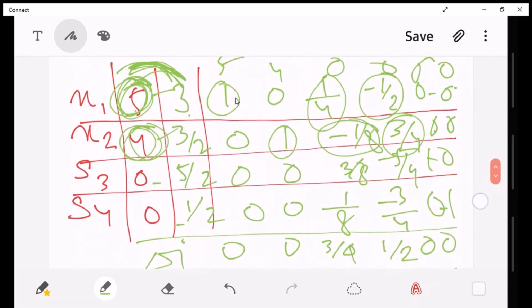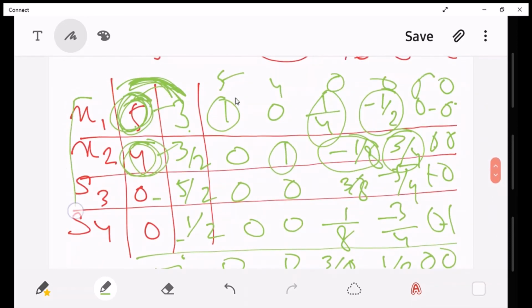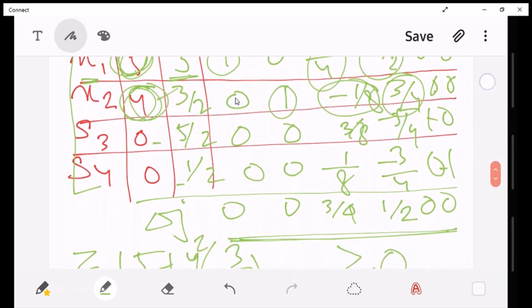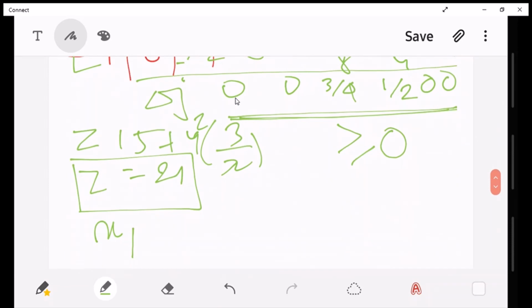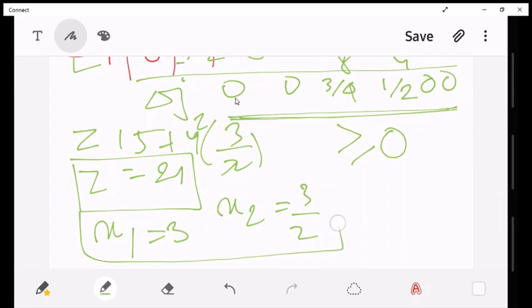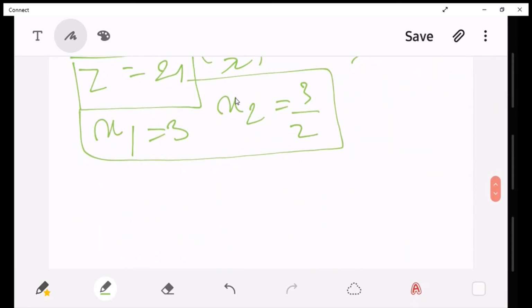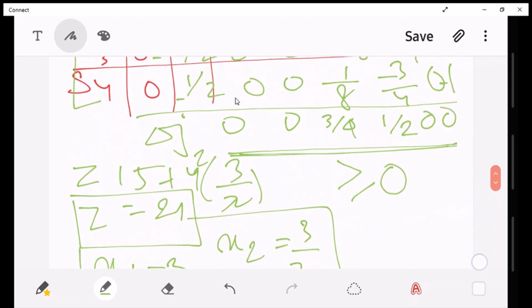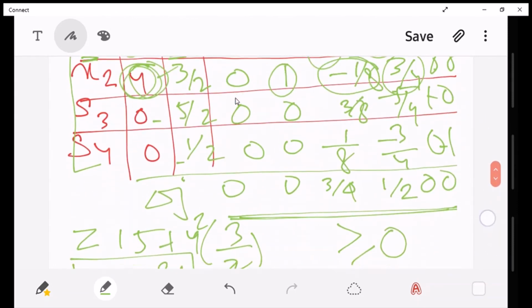when we shall see the basic variables when x1 is equals to 3. This is the xb or the solution column. When x1 equals to 3, x2 equals to 3 by 2, this is my main solution. Along with that, we have some slack variables s3 and s4, which are equals to 5 by 2 and half respectively.